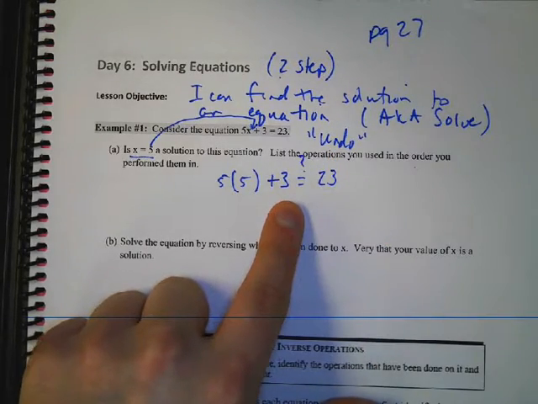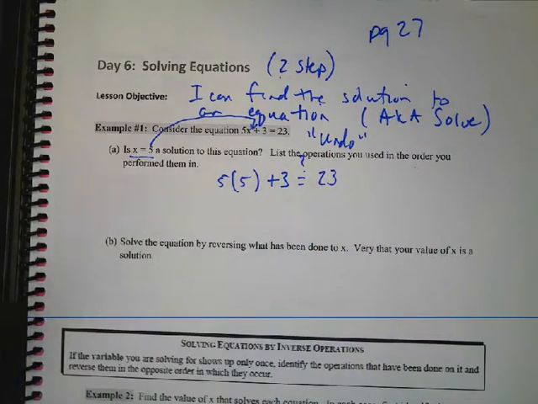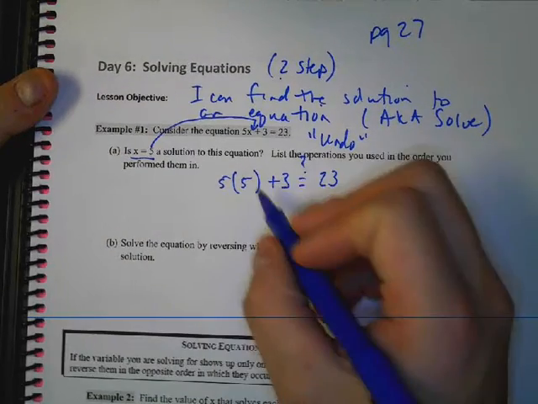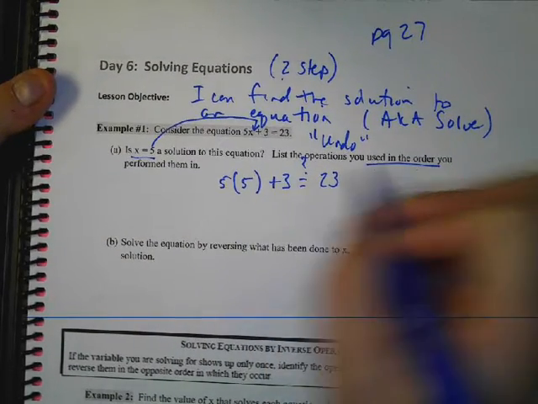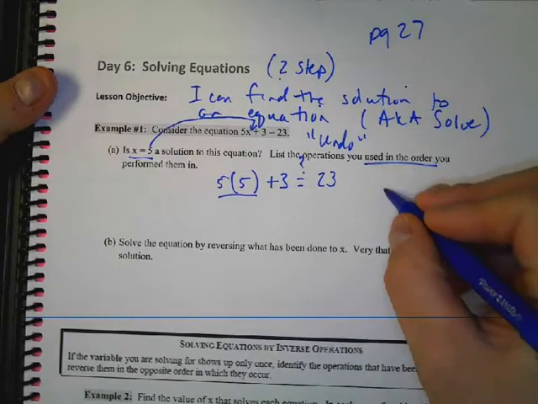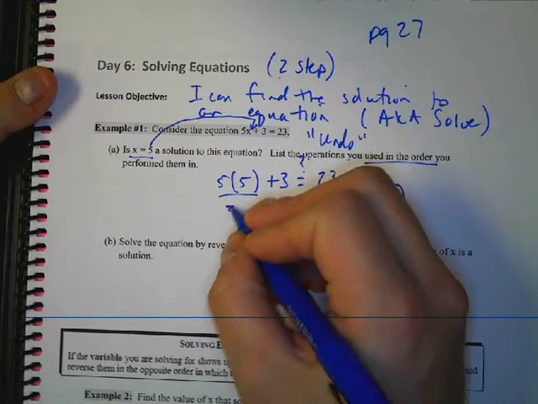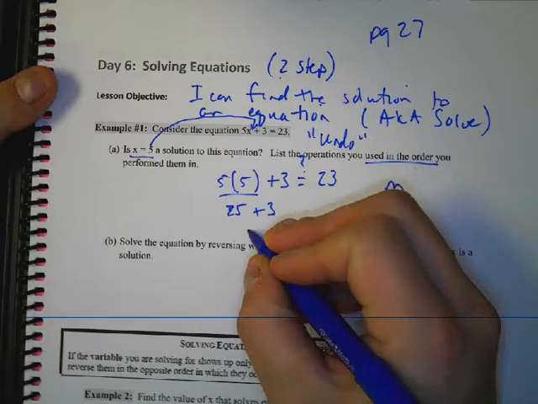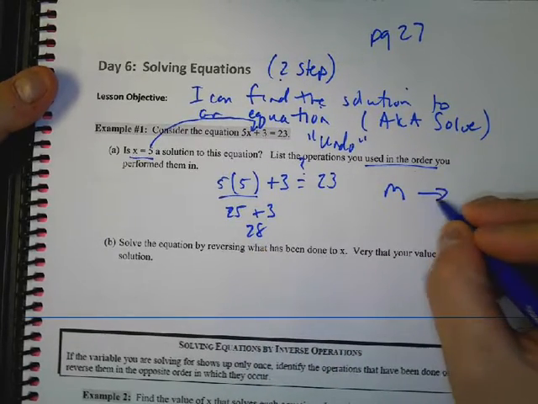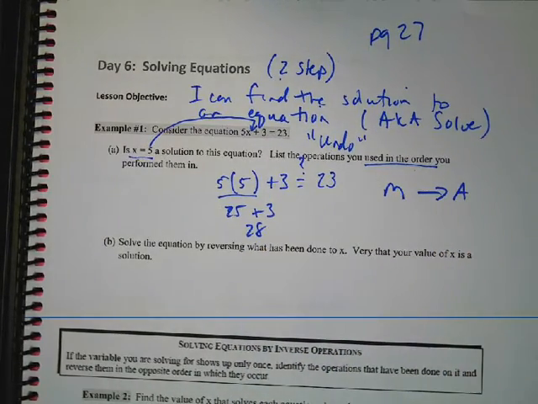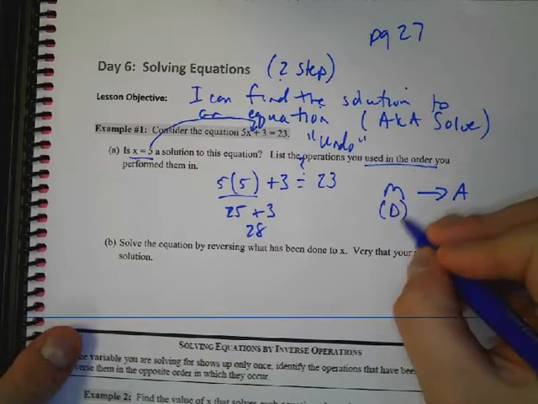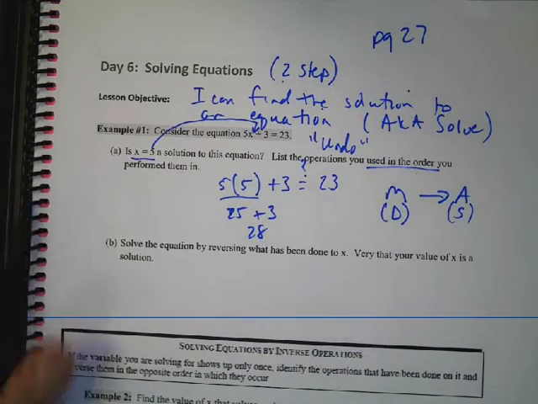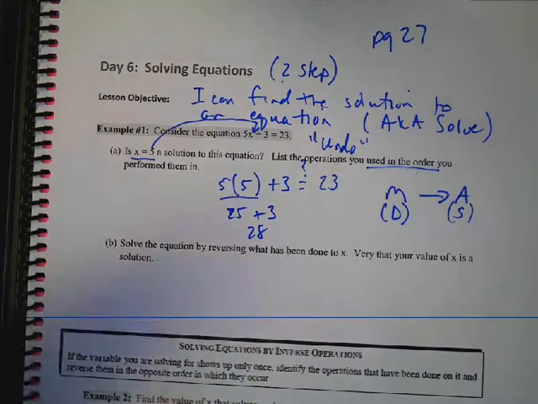So what operations would I have to do in order to check this? Well, I'd have to multiply 5 and 5 together and get 25, plus 3, 28. So I would be multiplying, then adding. And I'm going to put underneath it dividing, subtracting, because they kind of go hand in hand in PEMDAS when you think about it.